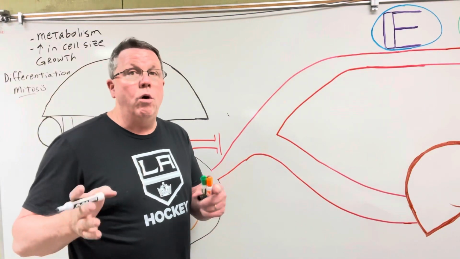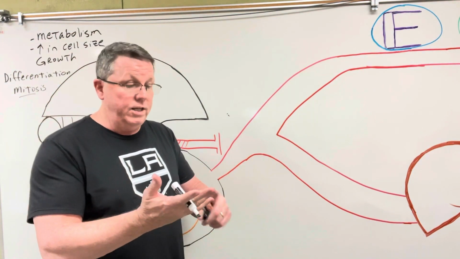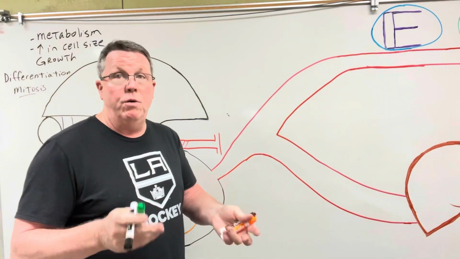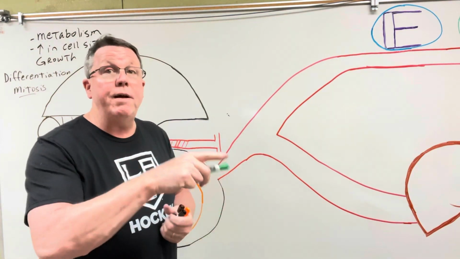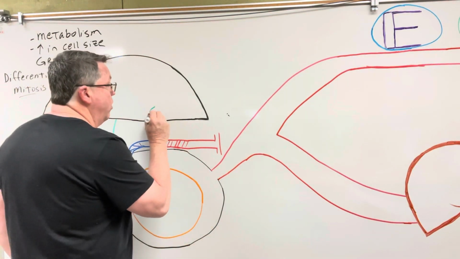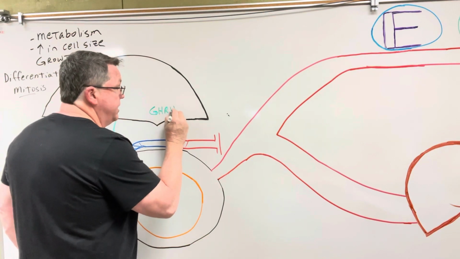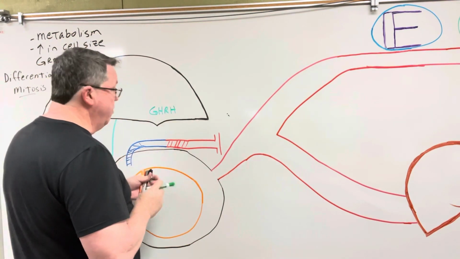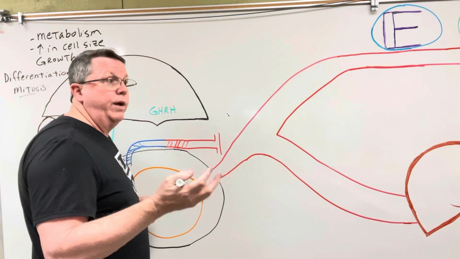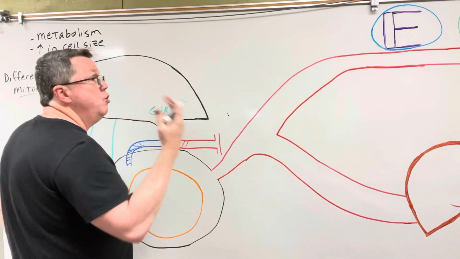Now, what causes the release of growth hormone? Well, there are actually two hormones that control growth hormone. One is growth hormone releasing hormone, and the other is growth hormone inhibiting hormone. We'll talk about the growth hormone inhibiting hormone later on, but we'll start with growth hormone releasing hormone. Growth hormone releasing hormone is secreted by two different nuclei.